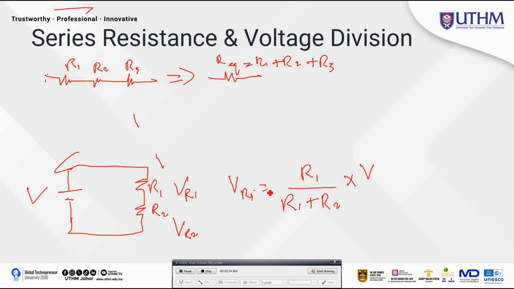Same with R2: if you want to determine the voltage across the resistor R2, then VR2 is equal to R2 divided by R1 plus R2, times the V, the voltage at the supply. Okay, so this is for the series resistor and the voltage division.